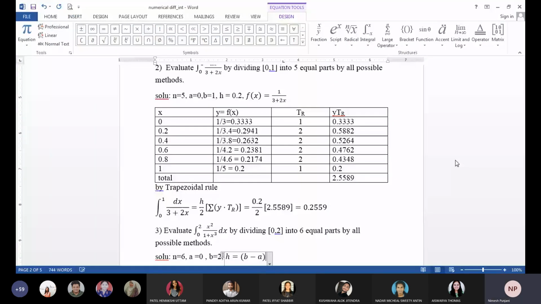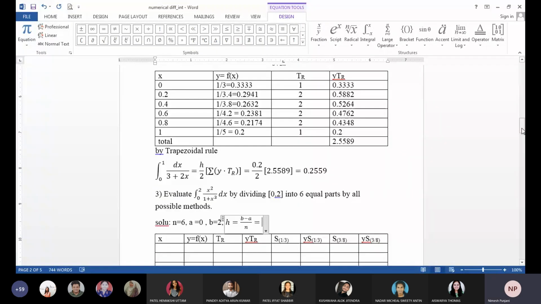So h turns out to be 1 by 3, that is 0.3333. Now if you solve in decimals it is better to keep h in fraction itself. Later on when we require, we will convert. H is 1 by 3, that is 2 upon 6.